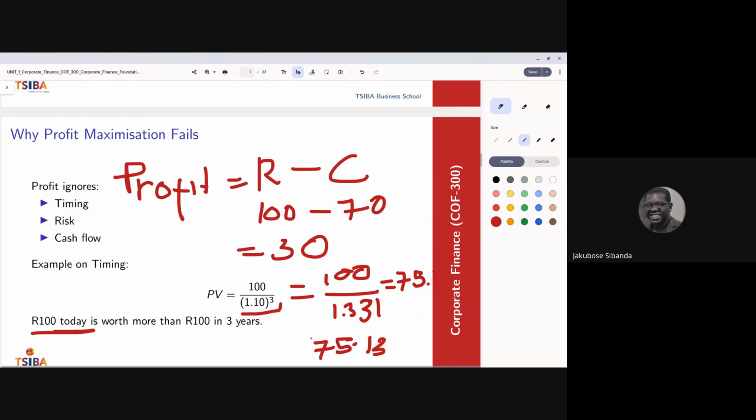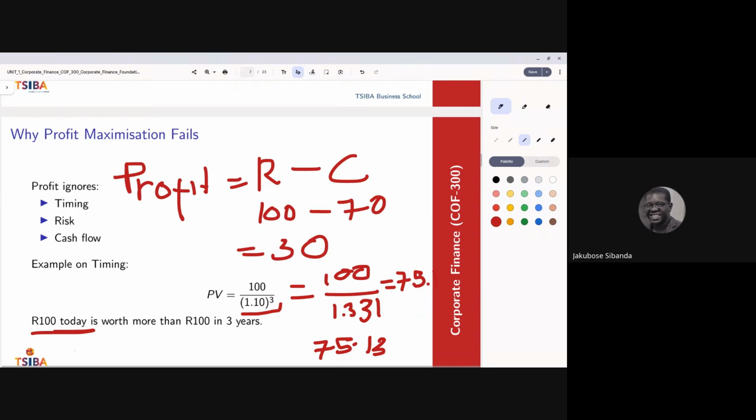It means if I invest 75 rand and 13 cents today, for 3 years, earning a 10% annual interest rate, I would get 100. So in other words, that 100 in 3 years is worth 75.13 today. So that 100 today is worth more than the 100 in 3 years.